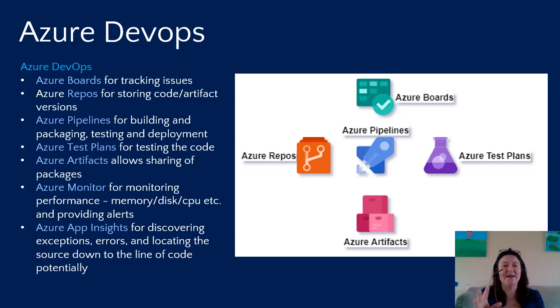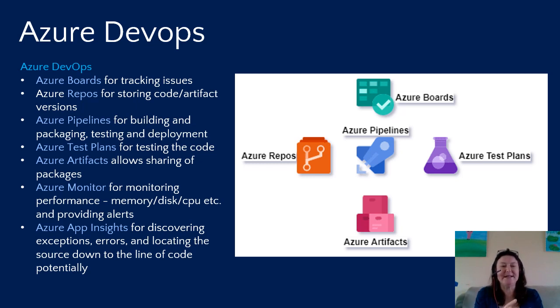And you can monitor the performance in terms of memory, disk, CPU, etc. You can provide alerts when you get to certain thresholds, and those alerts can send emails or text messages to different groups and so on.